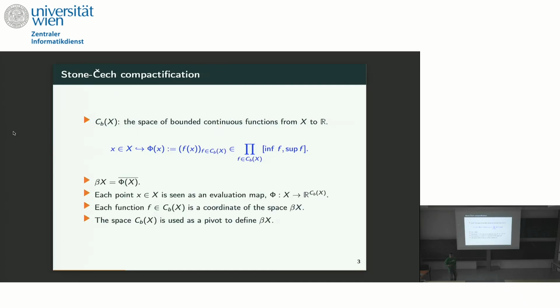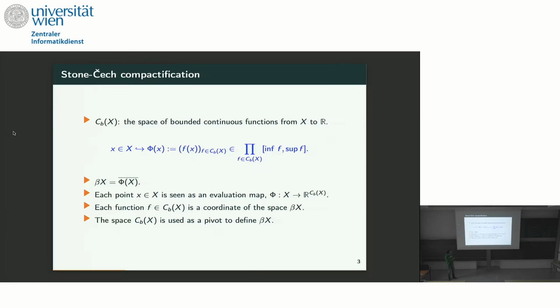And one way to define it is just to take the closure of the image of this mapping. As I said before, each x can be seen as an evaluation map on the space of bounded continuous functions, but we can also see each function as a coordinate for this space. And so somehow we are using the space of continuous functions as a pivot space to construct a compactification.